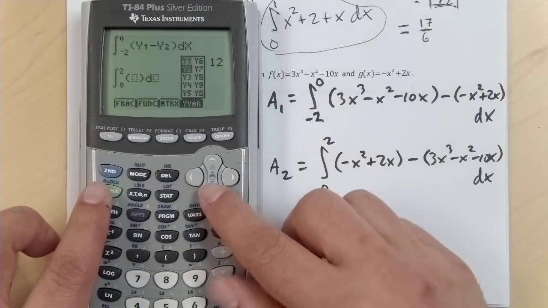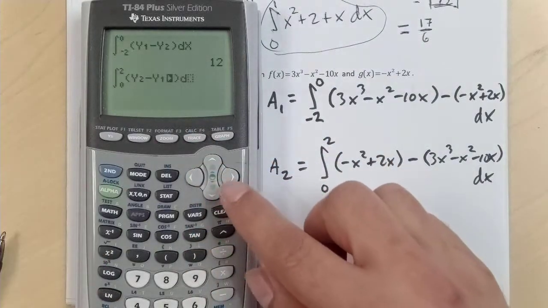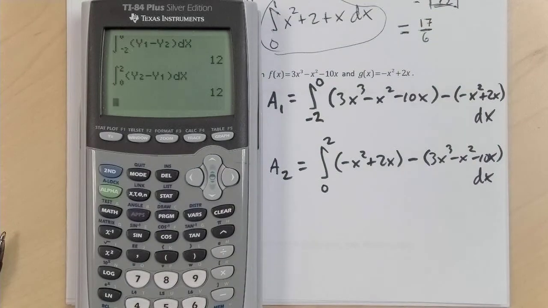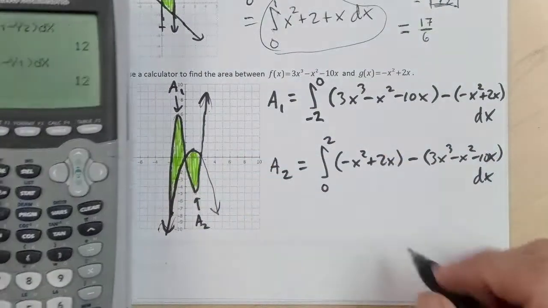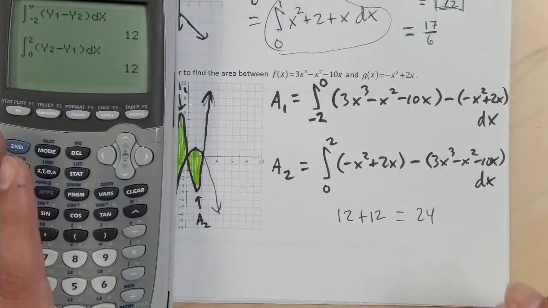So I would just go y2 minus alpha F4 y. Oh man, that is so fast. 12 plus 12, since we're adding these areas, right? We get a total of 24.